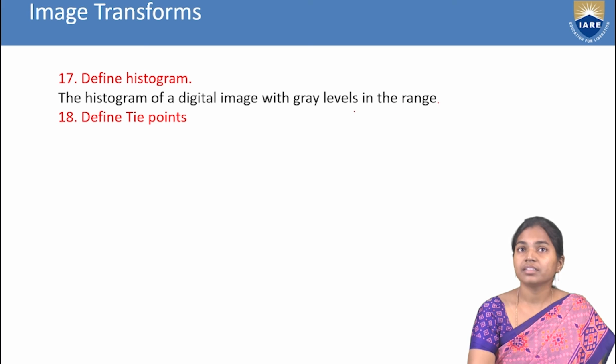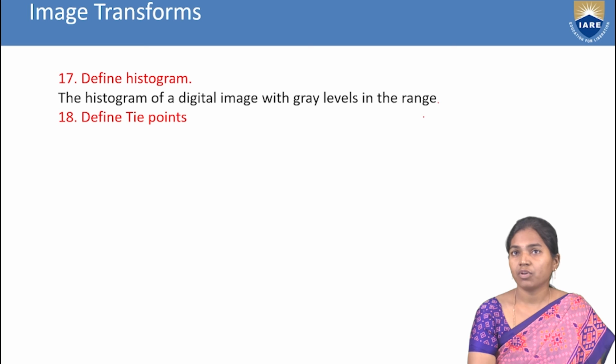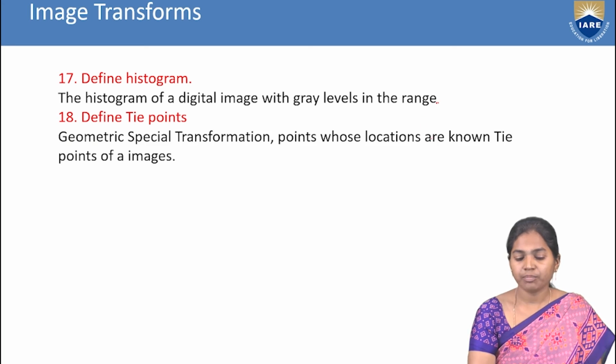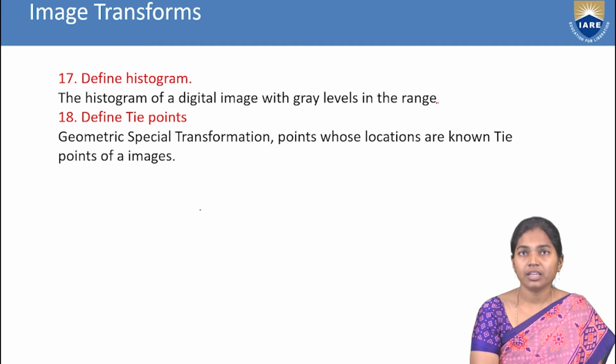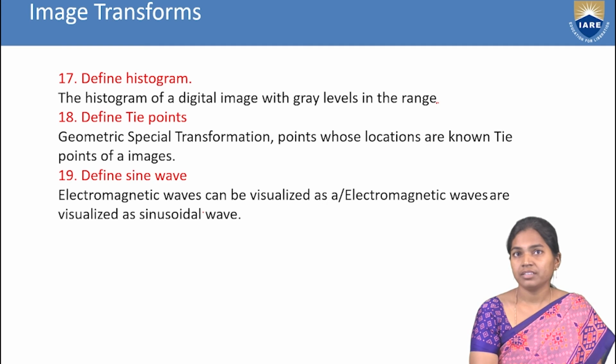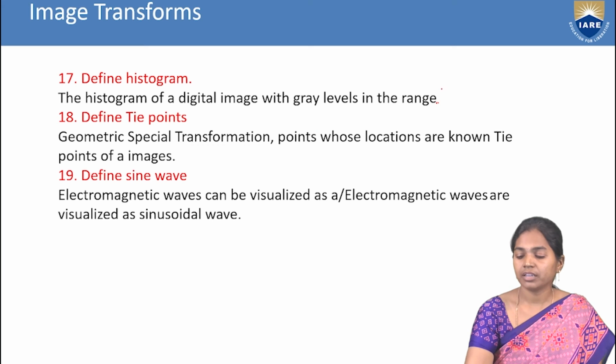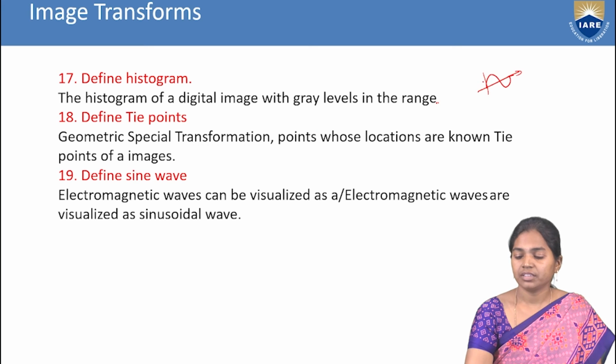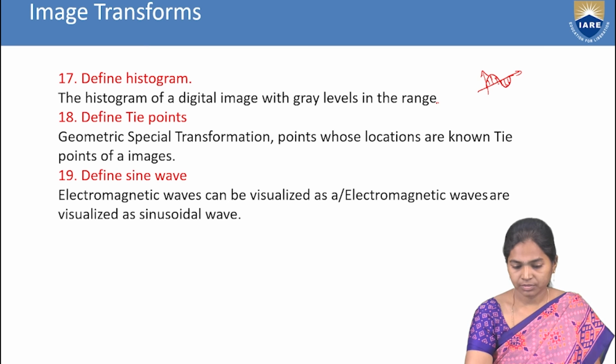Define tie points. In a geometric spatial transform, points whose locations are known are called tie points of an image. Define sine wave. When we represent an image, it is in continuous form, like a sine wave. Afterwards, we apply sampling and quantization, and we represent it in pixels.